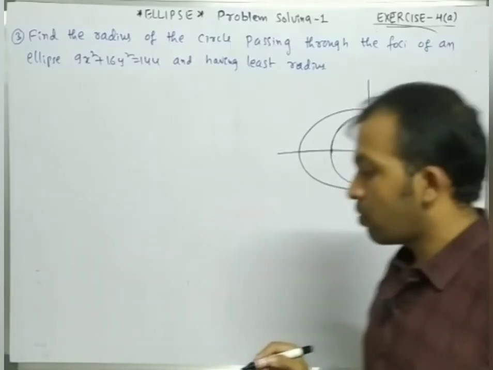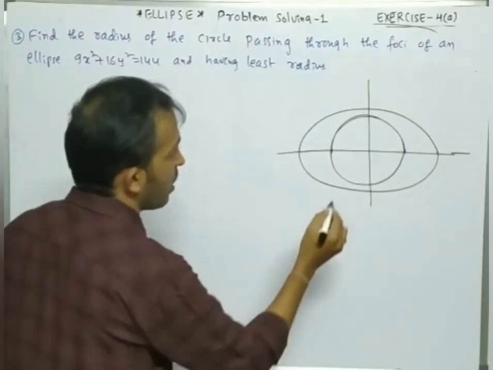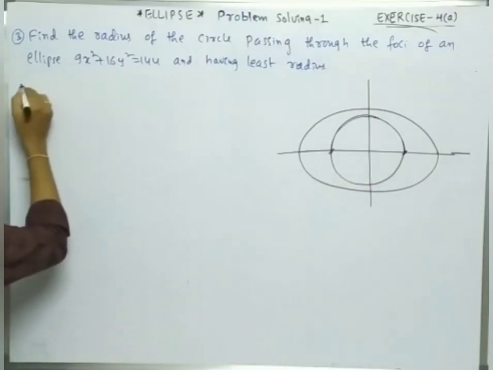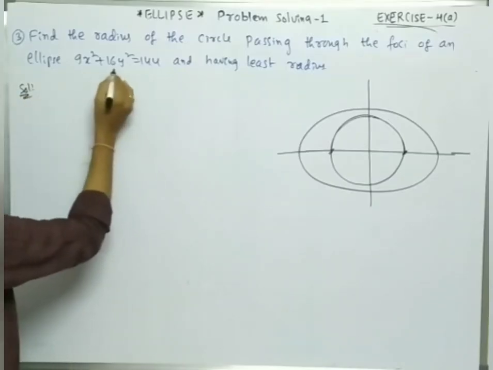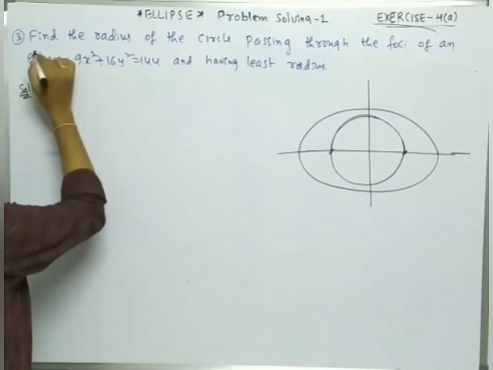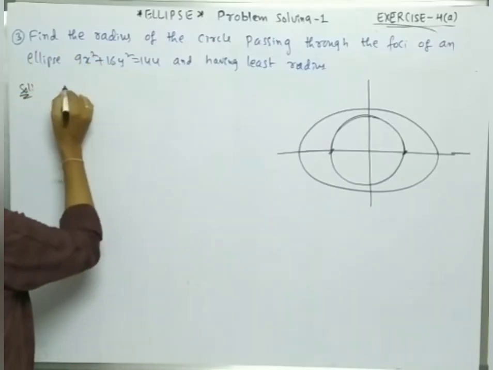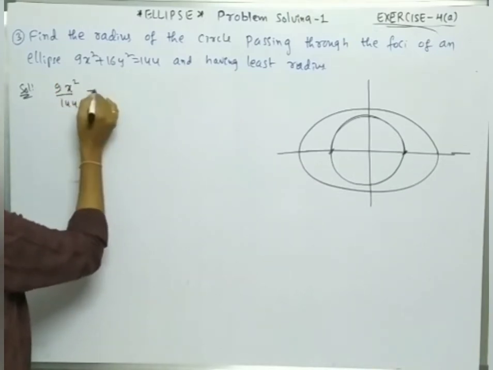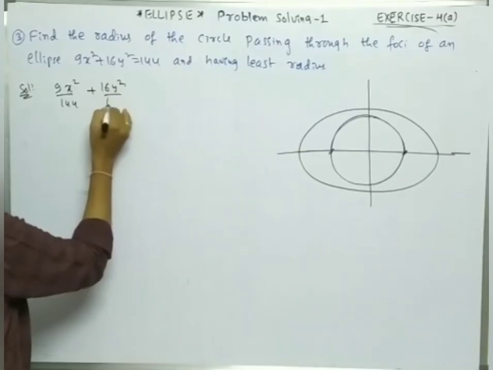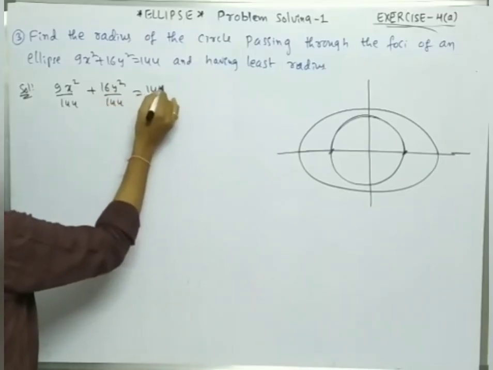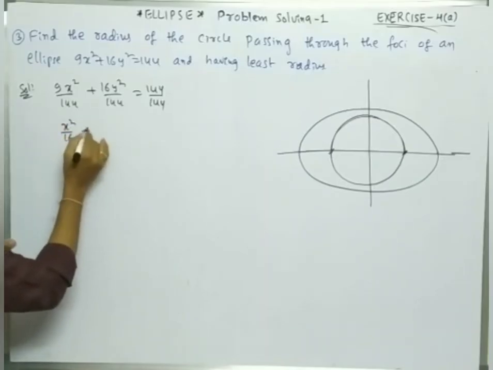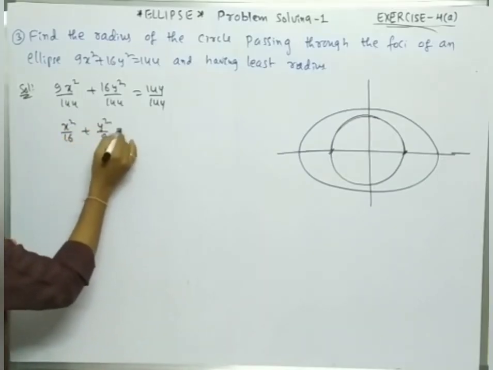Okay, so for that we need to find the values of the foci. So convert this into standard form, as we already did this kind of problem in the second bit, first problem. So for that divide with 144.